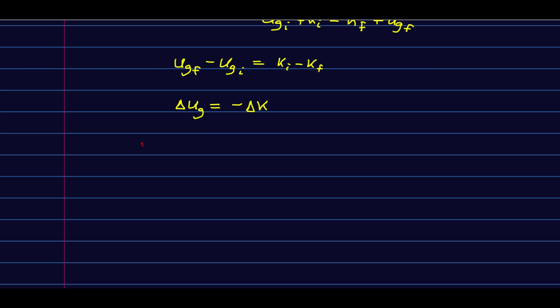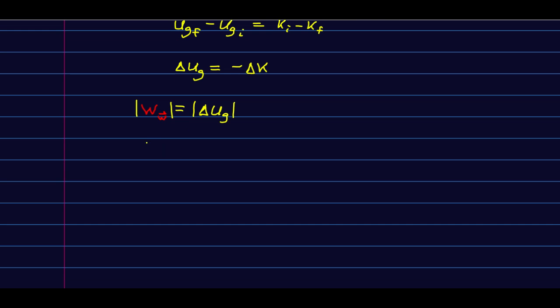So I'm going to say the size of the work done by the weight is going to equal the size of delta UG. There's actually a sneaky negative sign we have to worry about later on, but I'm doing this so that we don't have to think about it.